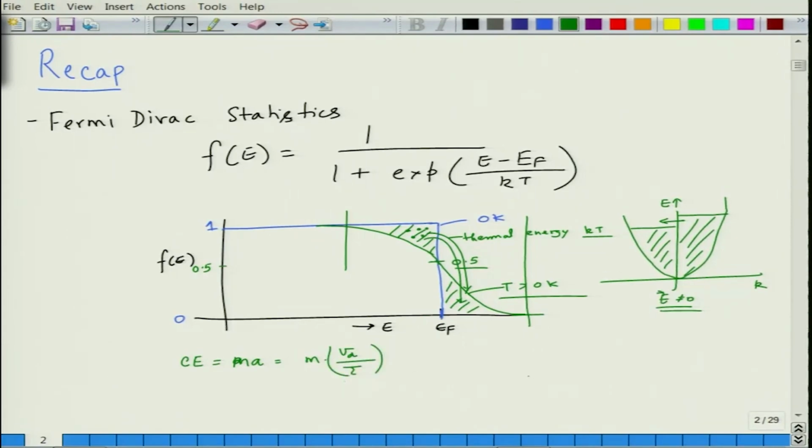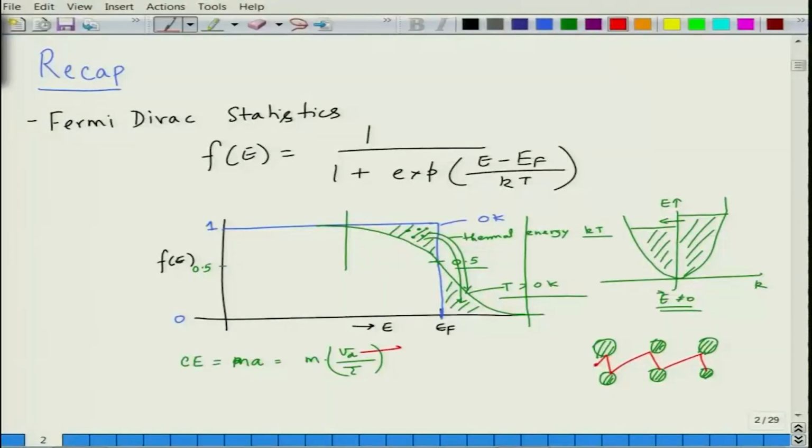Tau is, when an electron travels in a lattice, so this is the lattice, let us say, and you have an electron traveling, the electron undergoes collision. This collision tends to decelerate the electrons. As a result there is an average velocity of the electron Vd, which is drift velocity, and tau is the relaxation time, which is the average time spent between two successive collisions.